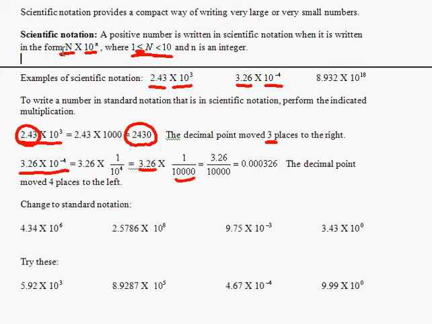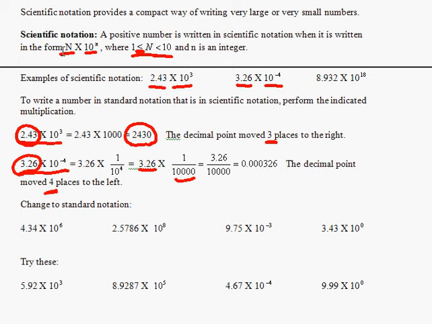Your whole number gets multiplied by your numerator over your denominator. And then that gives me 0.000326. What happened there was my decimal point was behind the 3. Now it's 3 places in front of the 3, or I moved my decimal point 4 places to the left.